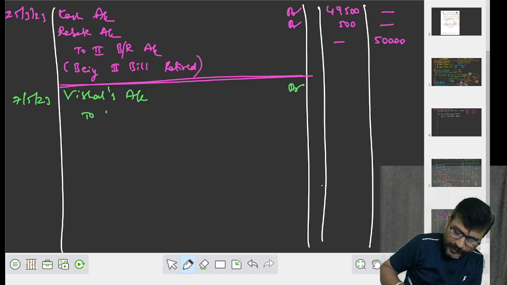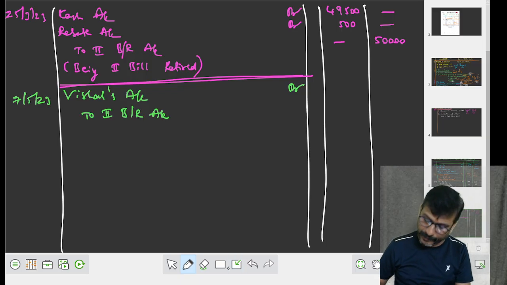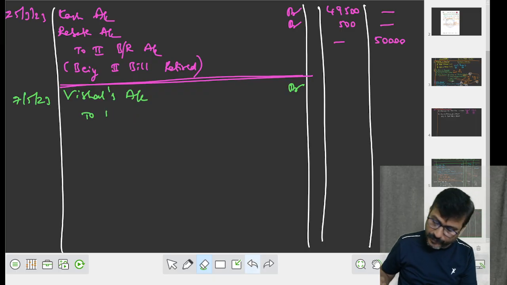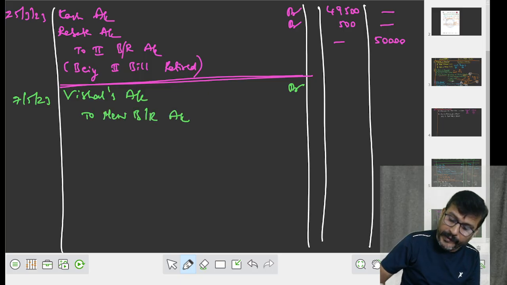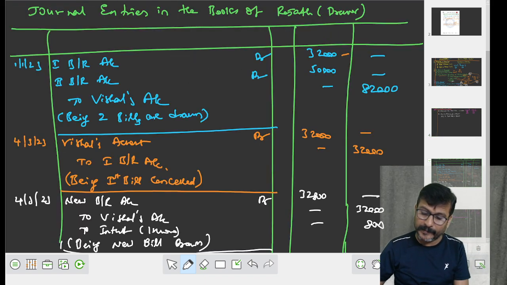Vishal's account debit to second bill's receivable account. It's not second bill, sorry. It is kaun sa bill? New bills receivable account. What is the amount of the new bill?